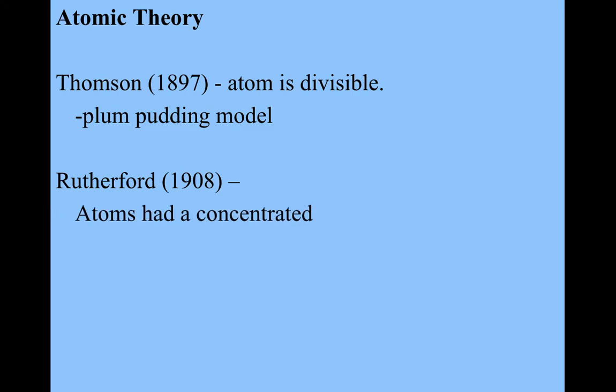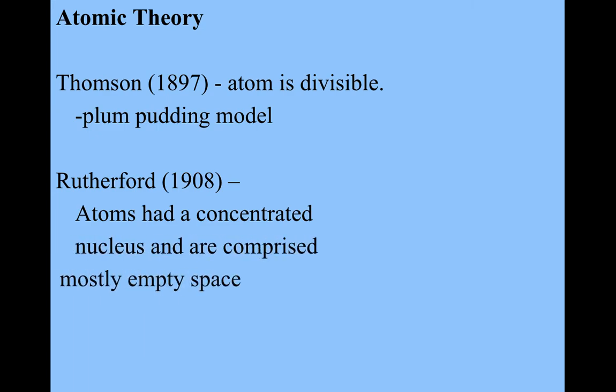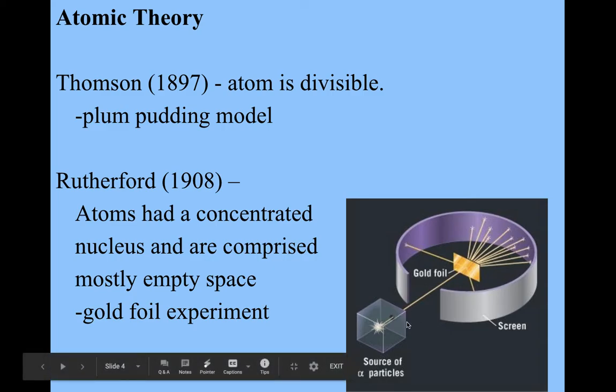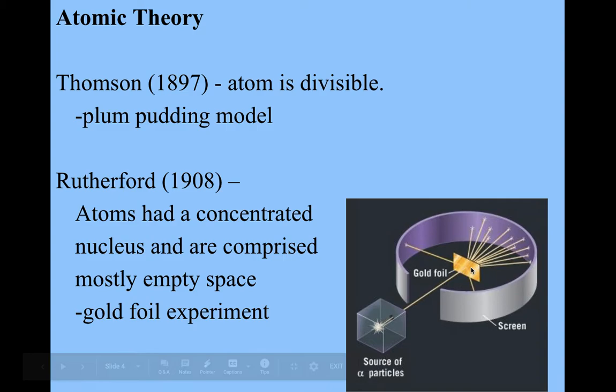Rutherford shortly after found out that the atom had a concentrated nucleus. The way he did this is he put a source of alpha particles that were shot at a thinly pounded gold foil.